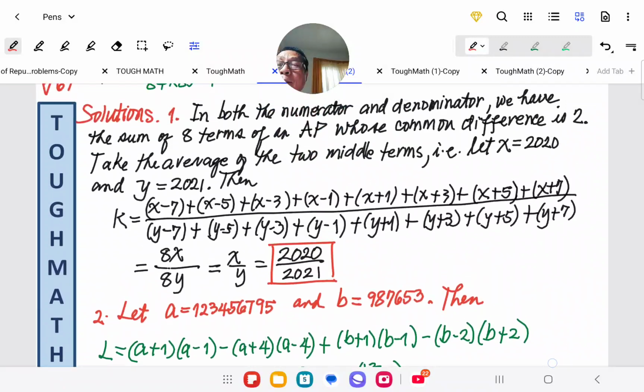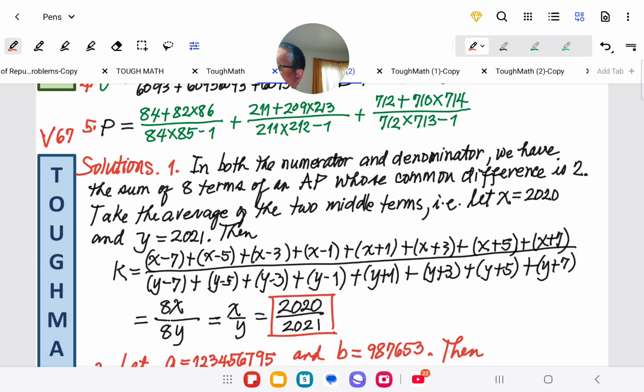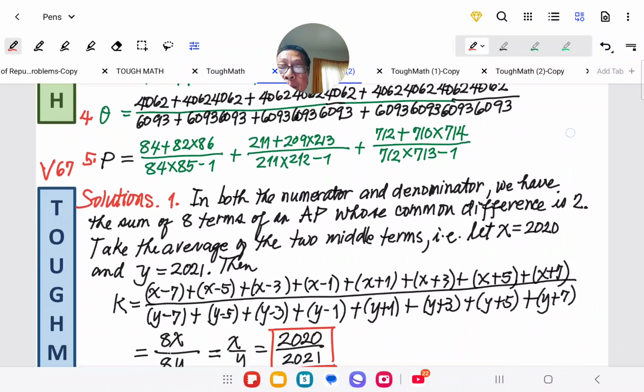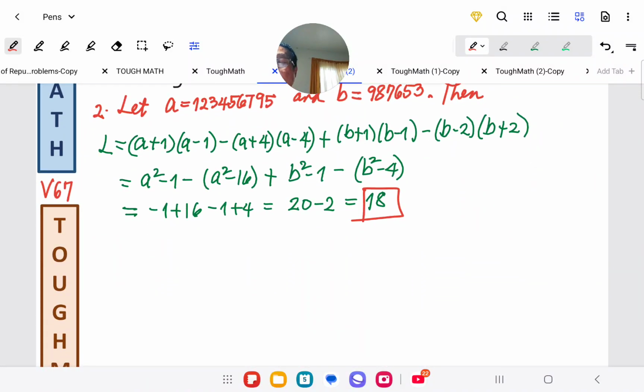Number 3. Number 3 is, okay, determine or find the relationships.